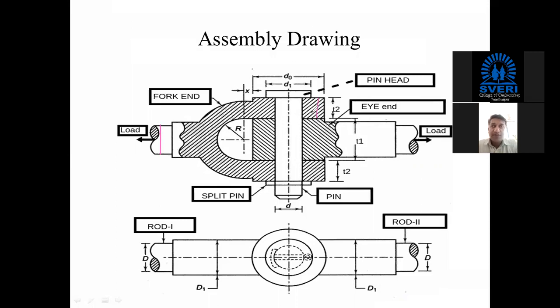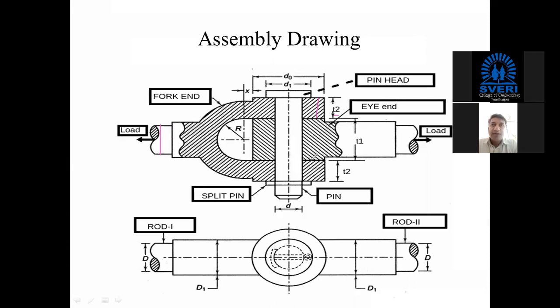Later on, we are going to check it, as we have seen in the animation. While calculating the area which is undergoing failure, we need to have this T2. But that value we are going to check. If it is going to fail in tensile failure, then we are going to change this T2.